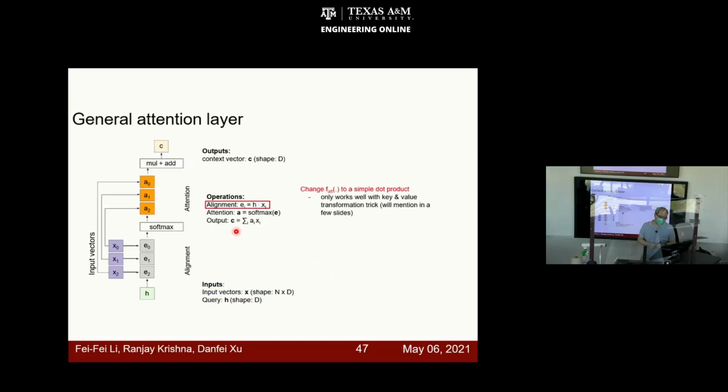Okay, so the first thing when we are trying to generalize attention mechanisms, I told you before, is on the alignment. Instead of using f sub att, which is usually parameterized by an MLP, people found that we could actually use a very simple parameter-free dot product, right? There are no parameters.